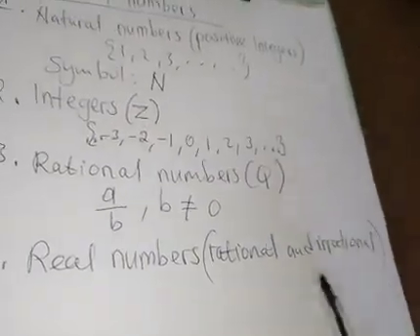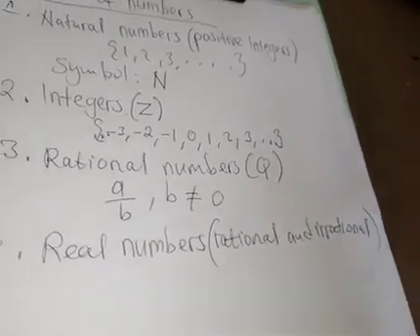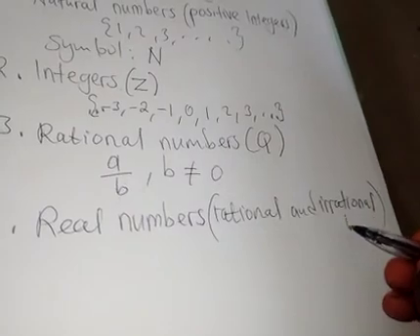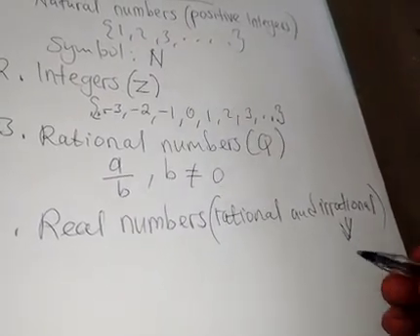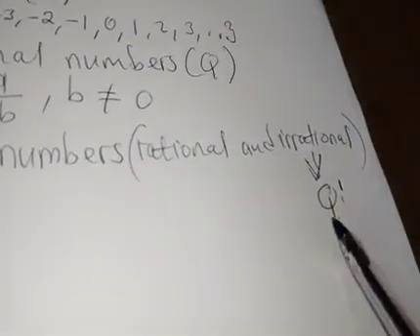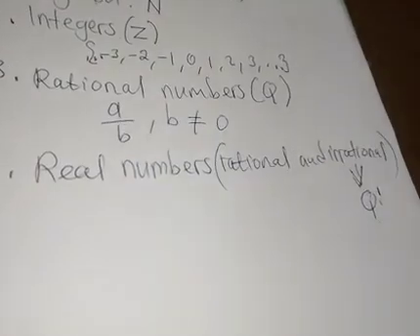Irrational numbers are the opposite of rational numbers. We can't express them in the form A over B. For irrational numbers, we use the symbol Q prime. That's the symbol for irrational numbers, Q prime.